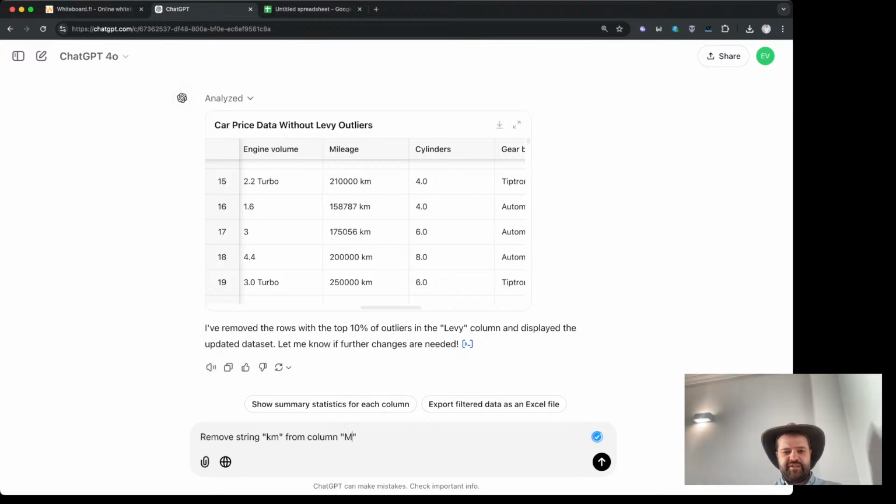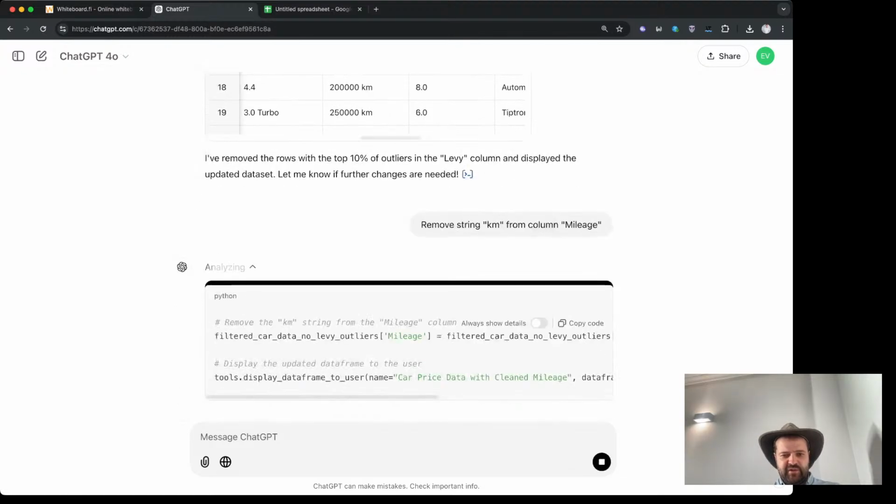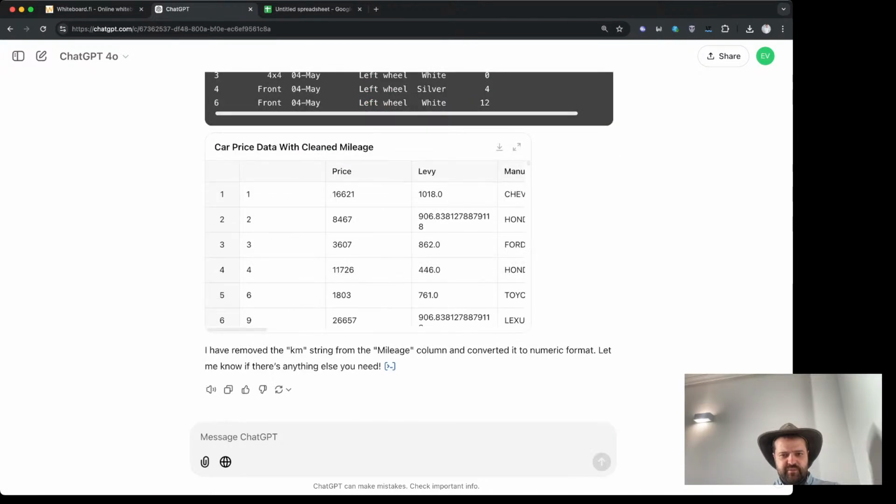Because if I now asked to generate the histogram for mileage, it would just not work, because it is not formatted as numbers. So mileage, okay, good. Hopefully it will work. Let's run it. I can read the code. If any of you can read the code, it's always an advantage. So, ooh, it broke. Okay, but it seems to be working.